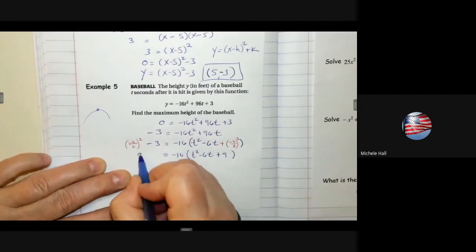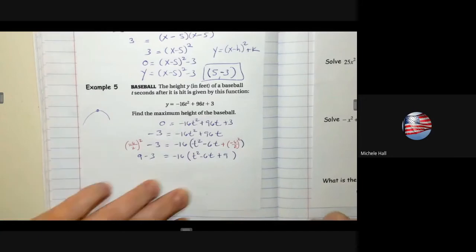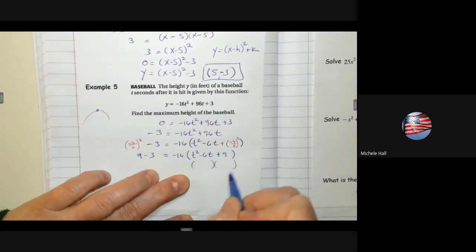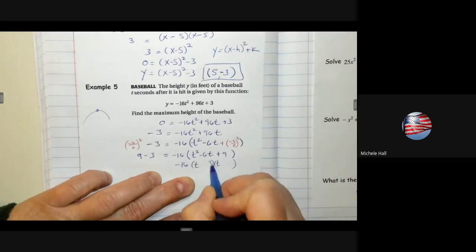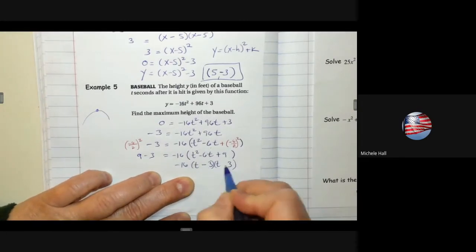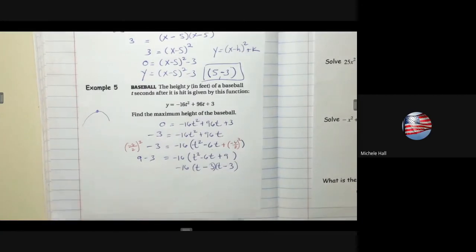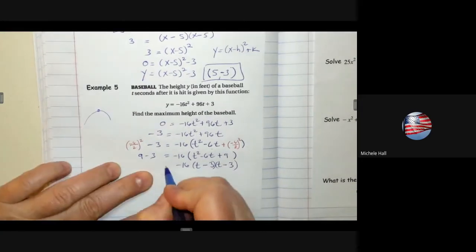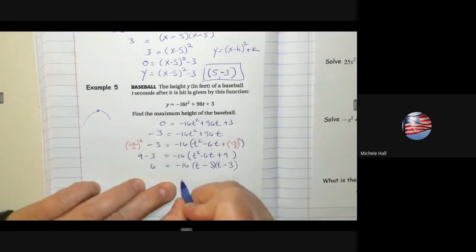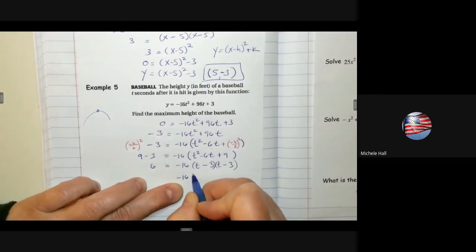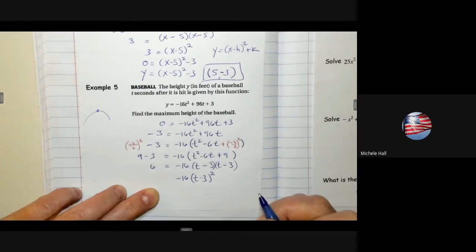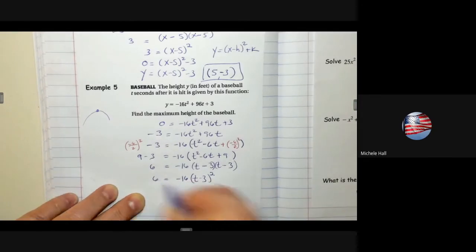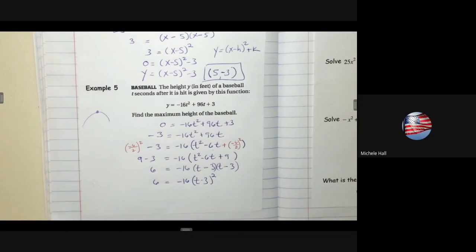So we have 9 minus 3. I'm going to factor this trinomial, leave the 16 out front: t minus 3, and negative 3 and negative 3 would be negative 6, and multiply to positive 9. Equals 6, negative 16, and we have t minus 3 squared equals 6. Did I do this correctly?